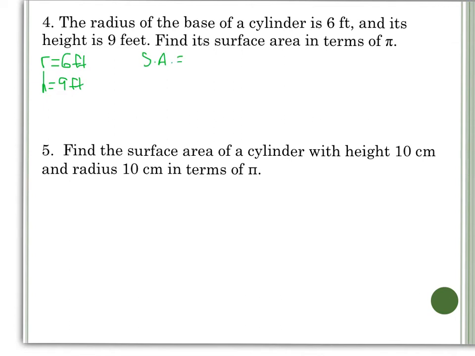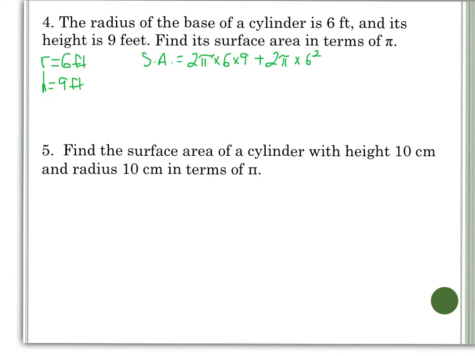So remember, surface area is 2 times pi times our radius times our height, plus 2 times pi times our radius squared.